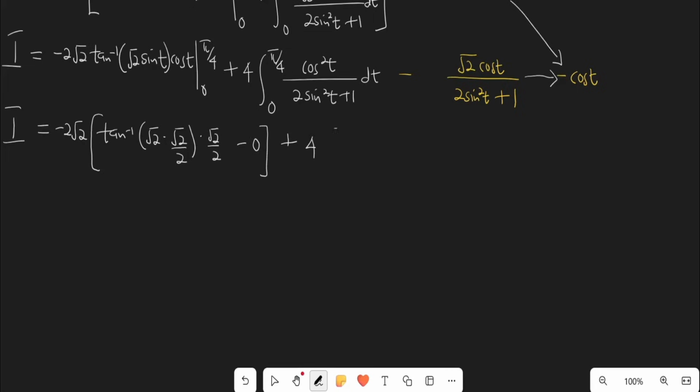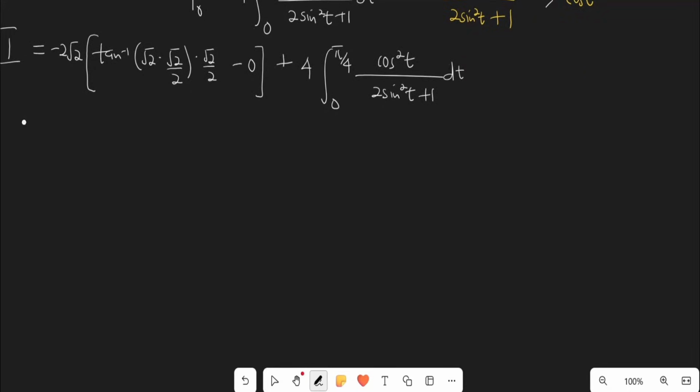Plus 4 times the integral from 0 to pi over 4 of the cosine square of t divided by 2 times the sine square of t plus 1. This is the integrand. Okay, so we have I equal to negative 2 square root of 2. And now we have square root of 2 times square root of 2 is 2, divided by 2, which is 1.